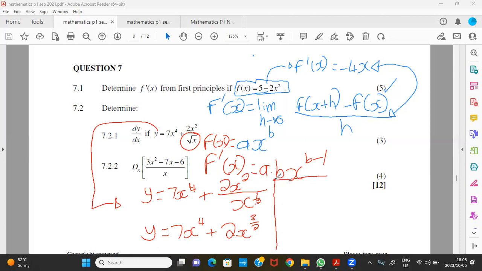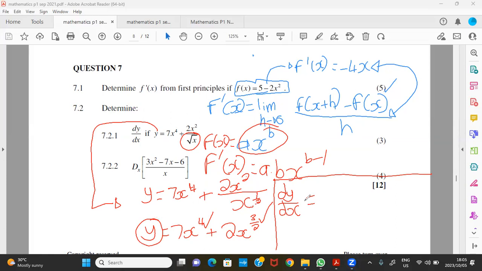Then now, can we derive this? Yes, because it's in this form of ax to the power of b. So now that we are going to derive, that's when we are going to say dy over dx. Because here we haven't derived, so we are not supposed to say dy over dx, or they might mark us wrong.